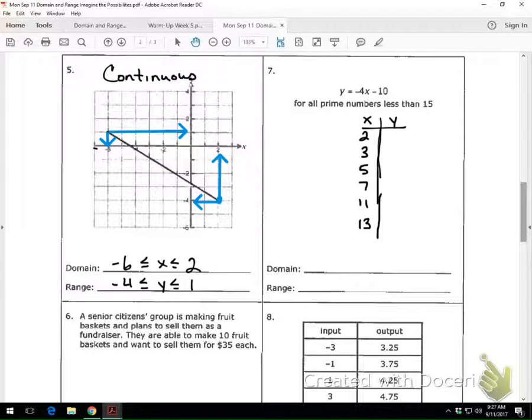Okay, so now we work it out. We got -4 times 2 minus 10. Gives me what? -18.